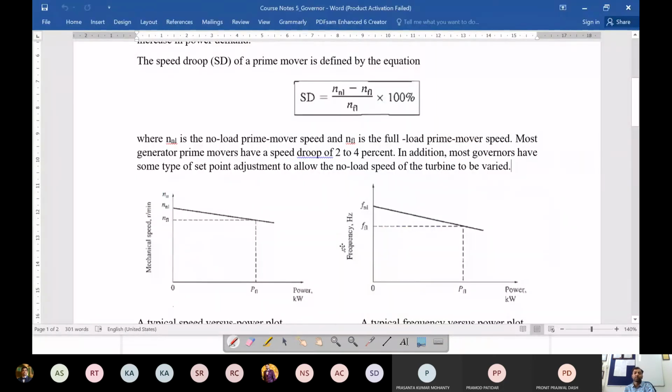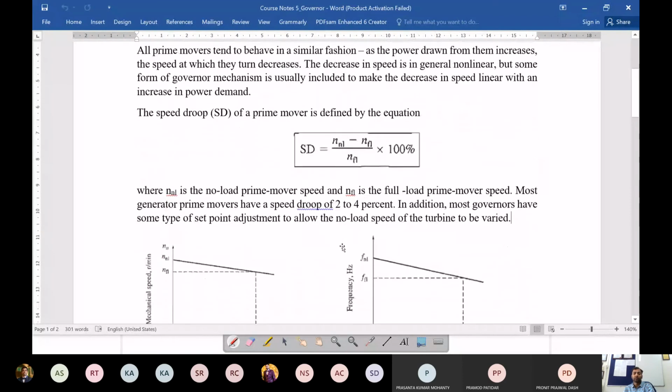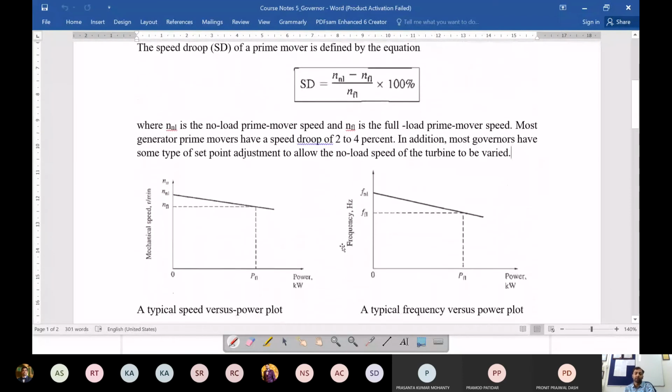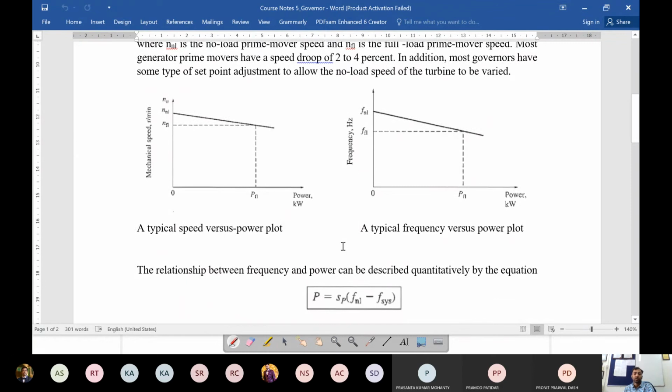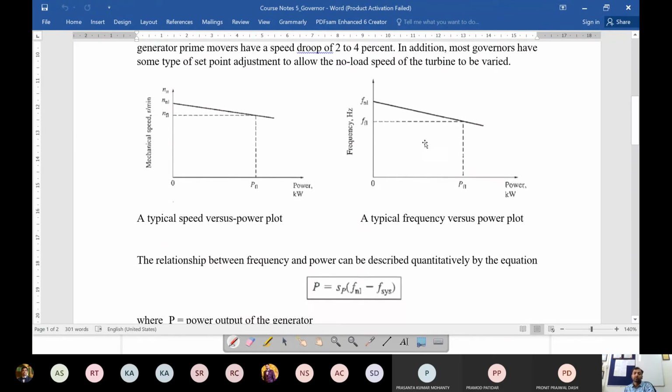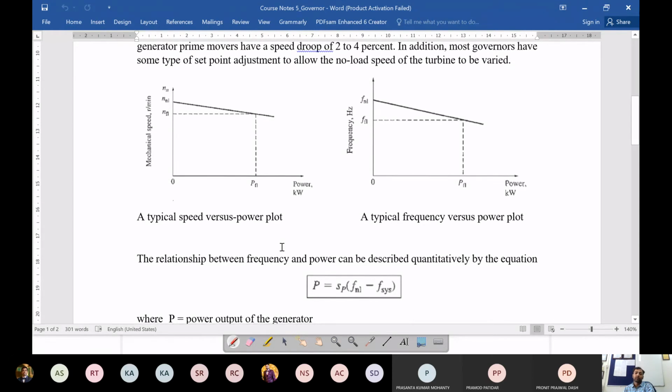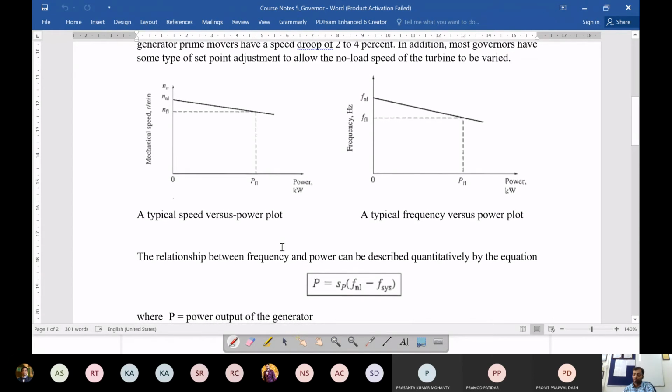This is the basic principle, the underlying principle behind the operation of the governor. We will look at more things as we go ahead, but this should be very clear. What is this governor? Why is it there in place? What is the underlying principle behind this? This relationship, this particular type of frequency power plot, is nothing but a linear curve, and as discussed, this linearity is ensured by the design of the governor itself.